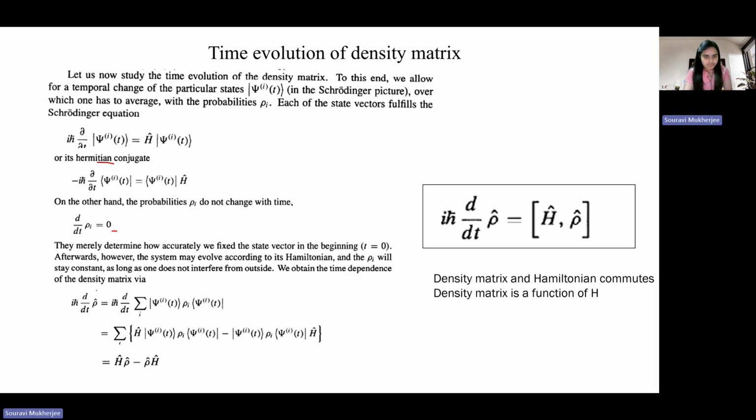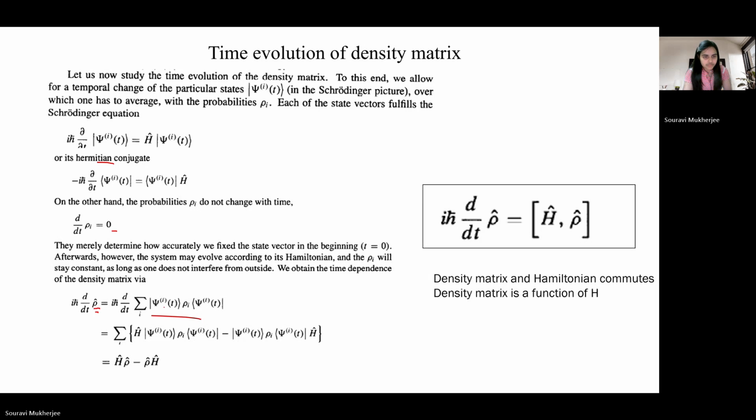If there is no explicit time dependence, you want to find the condition where rho, which is your density matrix now, does not change with time. So i h-bar d/dt of the rho operator will be given as what? i h-bar d/dt of this term here. You are just explicitly writing the density matrix.